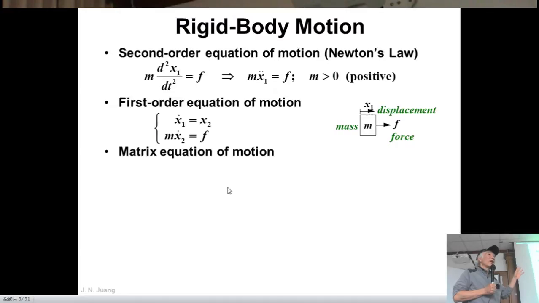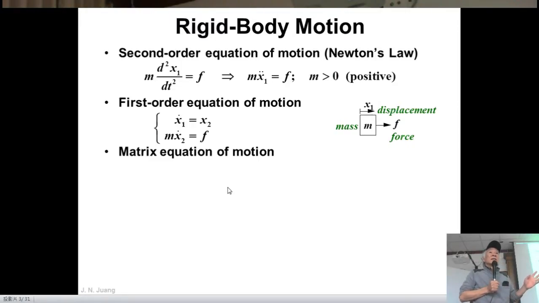Do you have any example of a mechanical system that is only the first order equation of motion? Anything? I don't think so, right? Anybody from mechanical engineering department? Can you think of any first order equation of motion for any mechanical system? No? True.